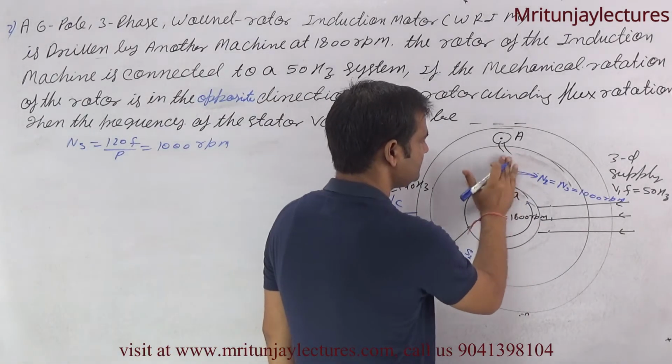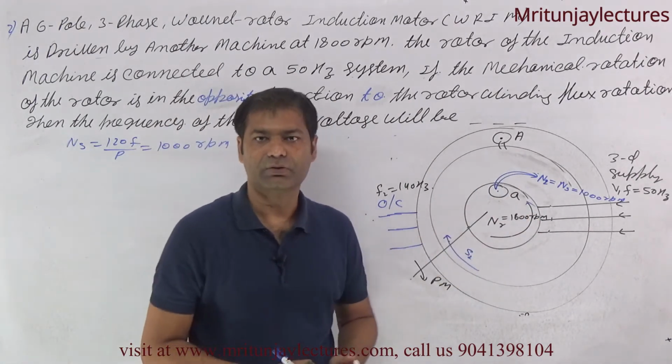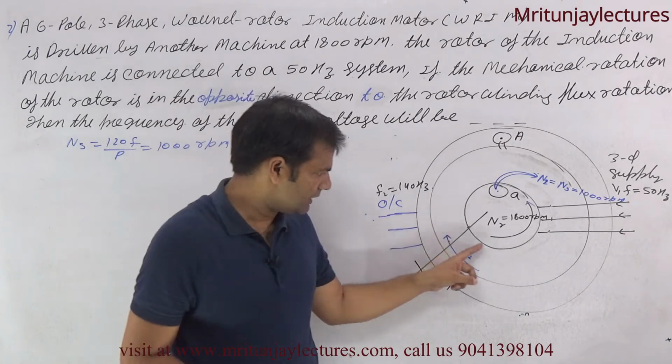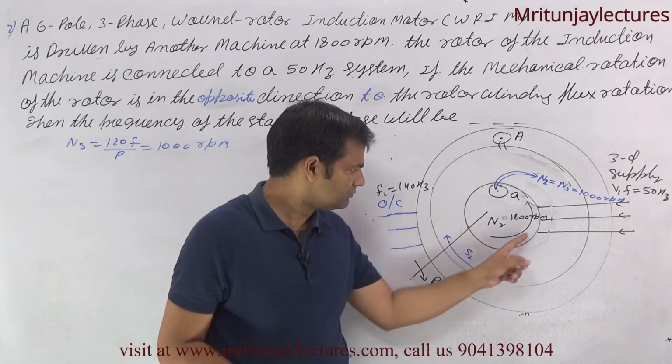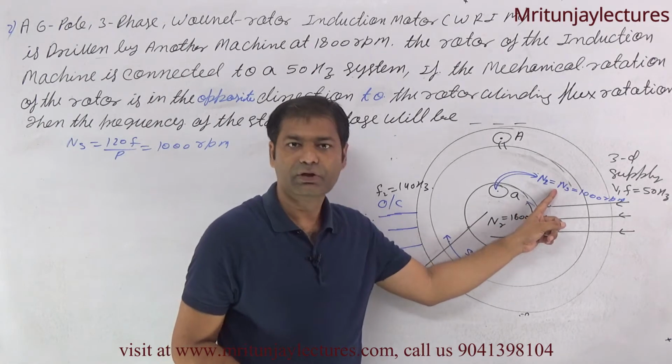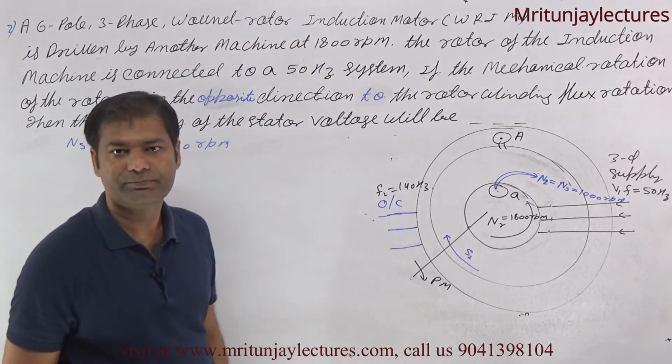Now if the rotor is rotating like this one, the direction of rotor winding is opposite to the rotor field, like this one, with the help of a prime mover.